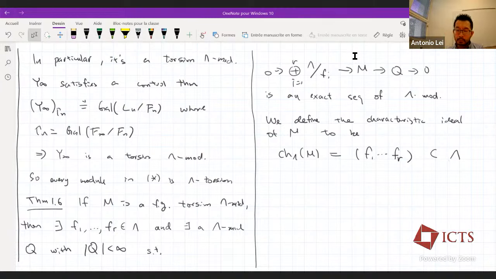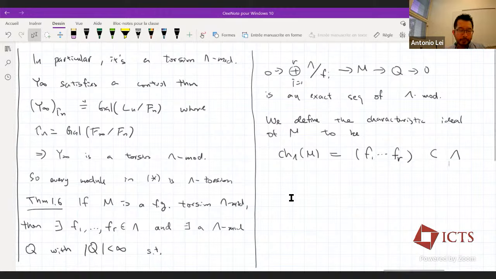The Fitting ideal is not necessarily principal, because you have this determinant and you have to look at the generators and relations. So here, this is a much coarser object. It's not giving you everything about the Fitting ideal, but if I know the Fitting ideal, I think you can recover the characteristic ideal.